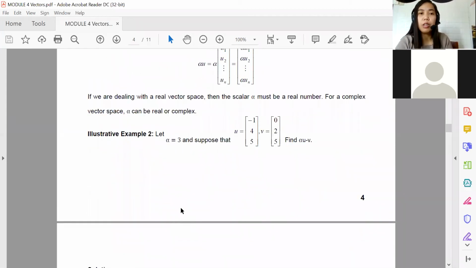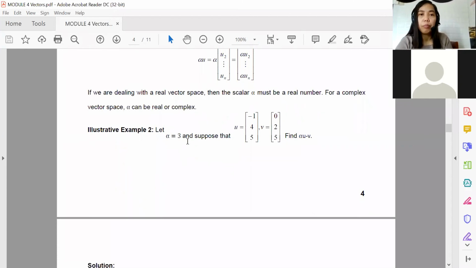So let's have an example. Let alpha be equal to 3 and suppose that we have vector u and vector v. Find alpha u minus v. One of the operations that we can also perform is subtraction. Before that, we will multiply the vector u by the scalar, then subtract v.